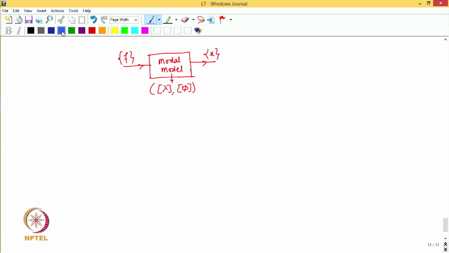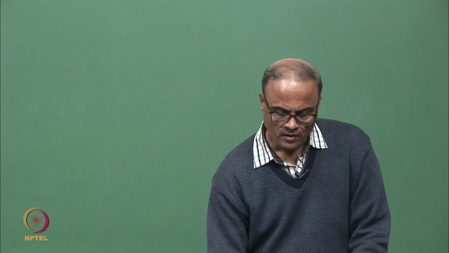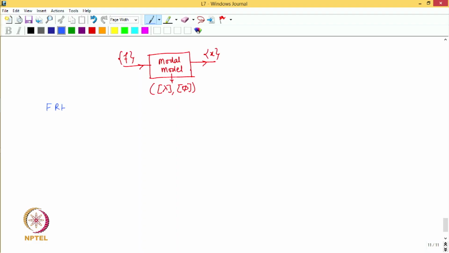Now, for a single degree of freedom system, we have defined frequency response function. Let us try to define frequency response function for a multi-degree of freedom system. And for a multi-degree of freedom system, the FRF takes the form of a matrix, right.